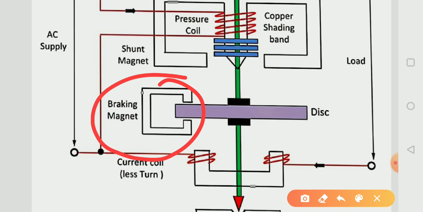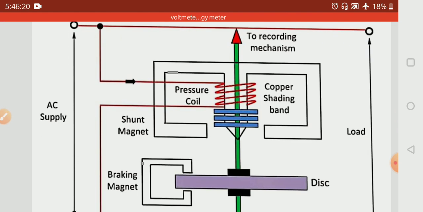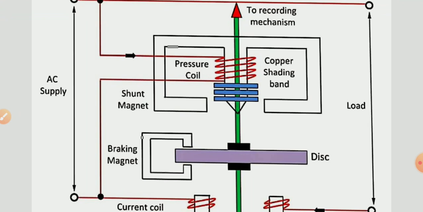When current is flowing in the pressure coil and current coil, there will be a magnetic field due to these magnets. Due to the magnetic field, an EMF is generated, and this EMF rotates the aluminium disc, which is connected to the pointer and gives the reading.